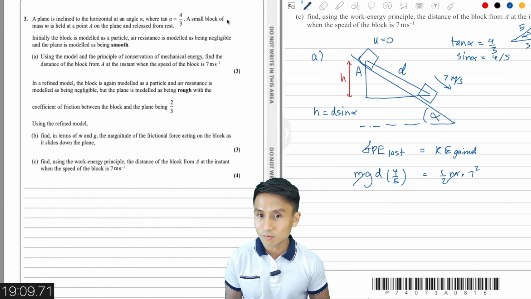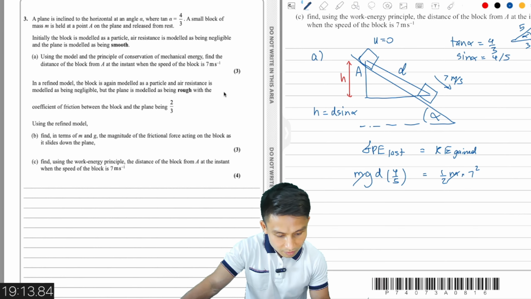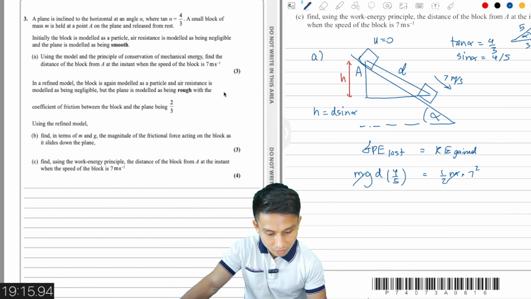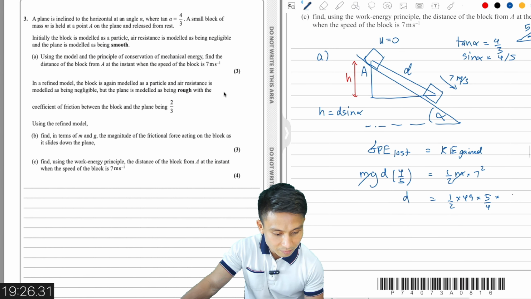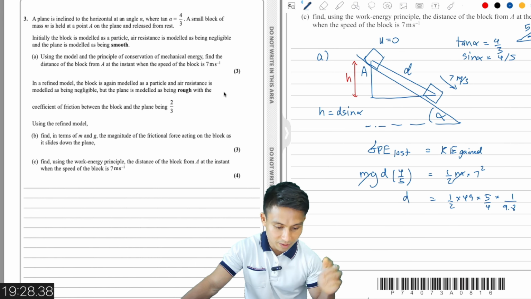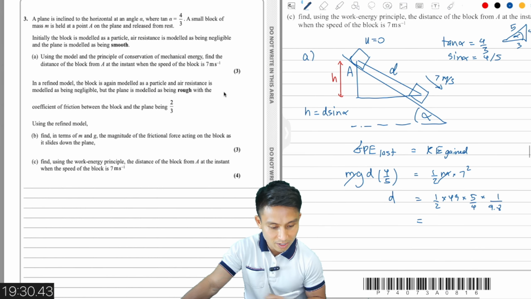So we can calculate d now. d equals 1 over 2 times 49, times 5 over 4, just moving the 4 over 5, and then times 1 over 9.8, just moving the g value down here.